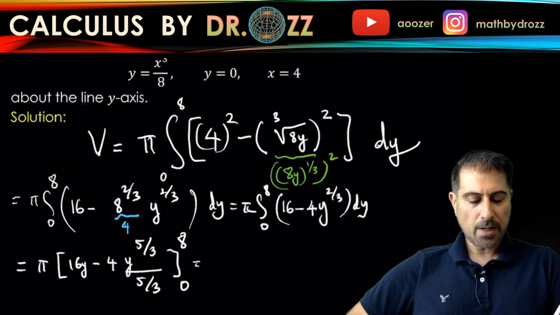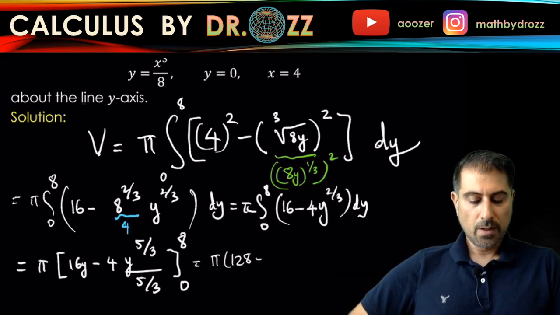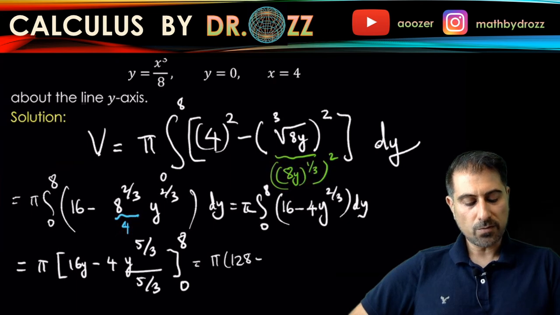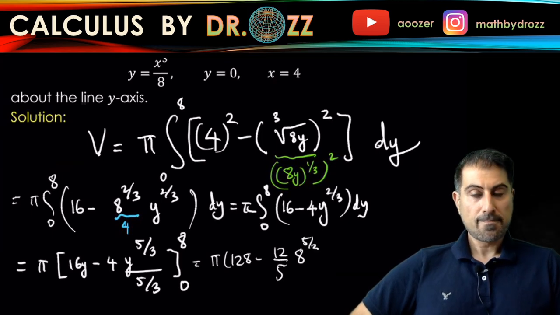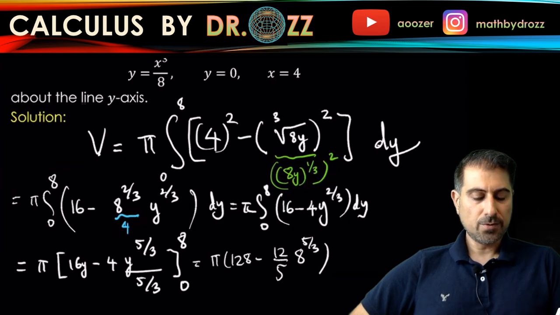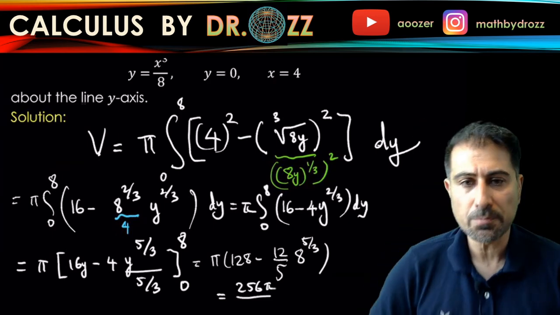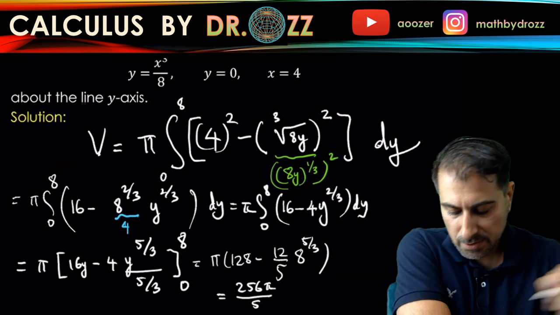So this should be pi times 128 minus 4 times 8 to the power of 5/3 divided by 5/3. If you flip that over, this is 12 over 5 times 8 to the 5/3. If you simplify that, by finding a common denominator, you get 256 pi over 5.